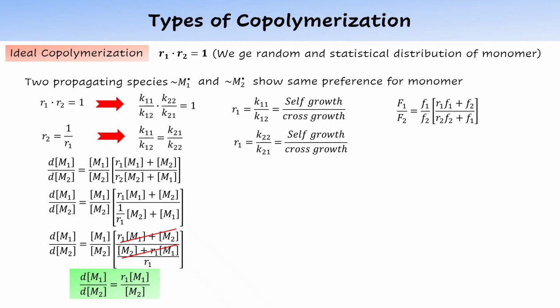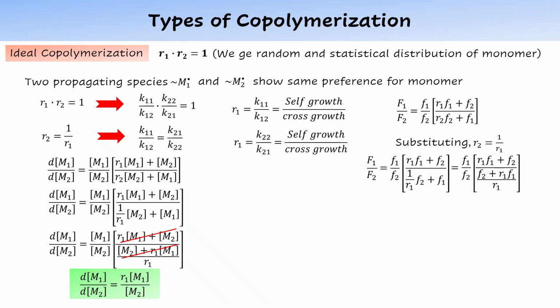Similarly, placing R2 is equal to 1 over R1 into the mole fraction form of the Mayo-Lewis equation and simplifying, we get the ratio of monomer 1 in the copolymer to monomer 2 in the copolymer is equal to the product of the reactivity ratio R1 and the feed fraction of monomer 1 divided by the feed fraction of monomer 2.